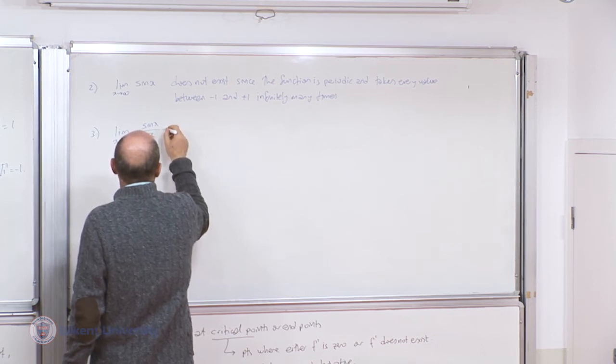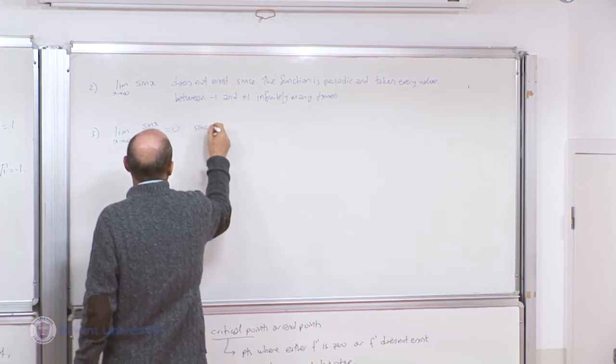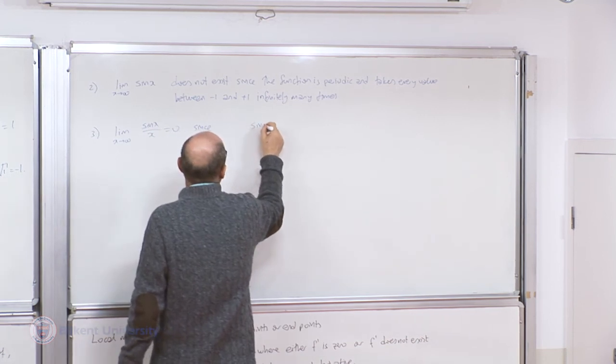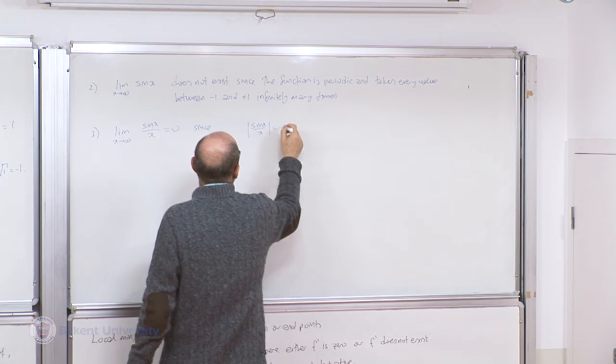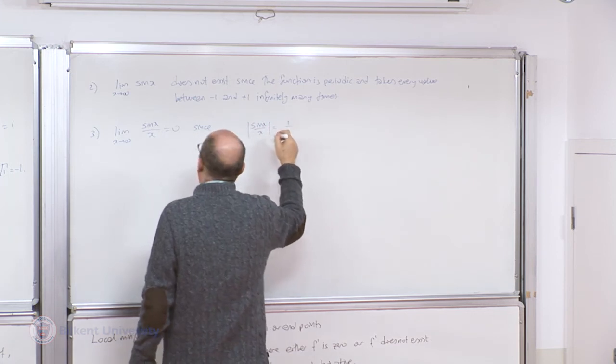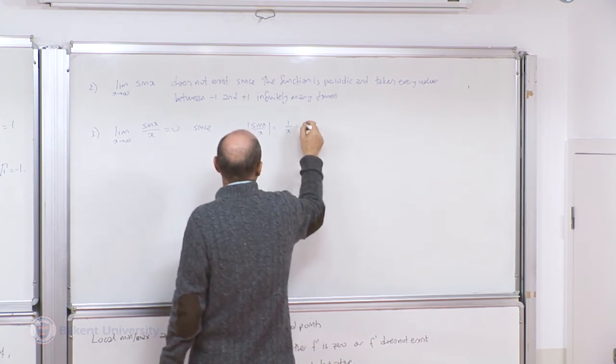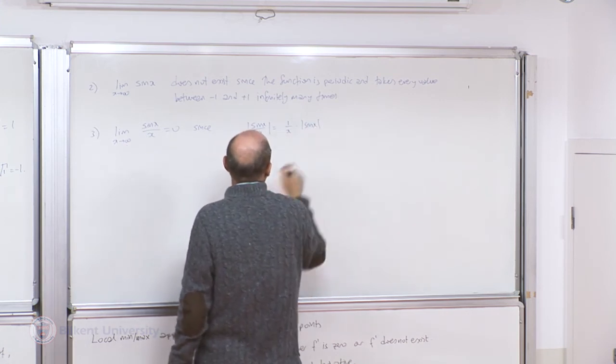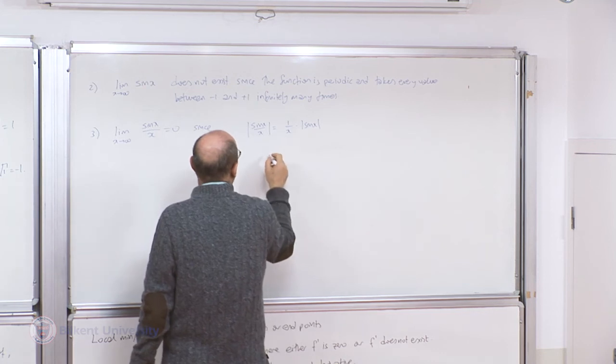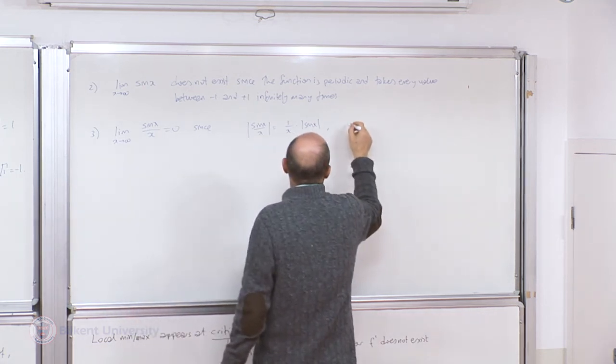Well, we can immediately write this as 0 since sine x over x is equal to 1 over x times sine x. We are going to infinity, so 1 over x is positive.